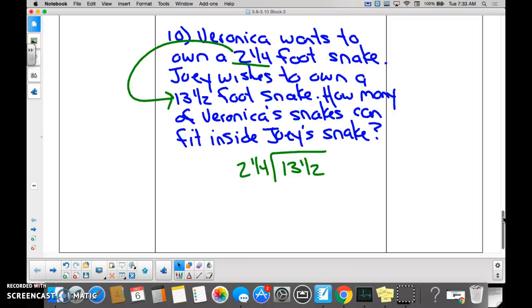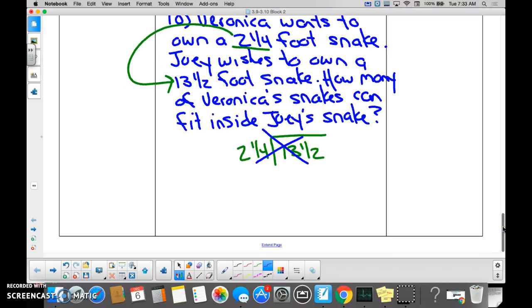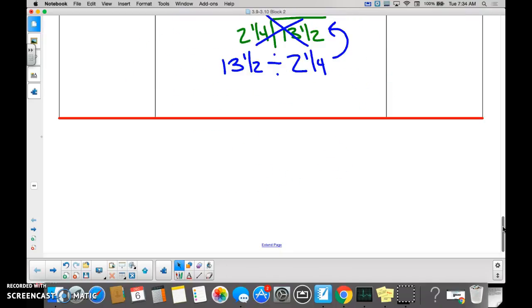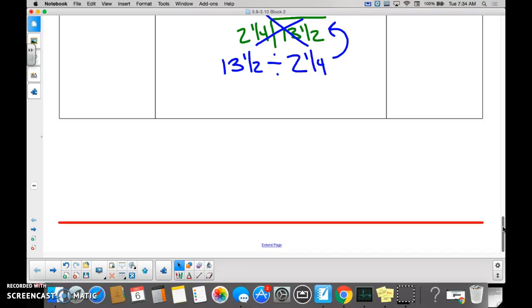However, we're not practicing solving fractions using this. So the number that goes inside the box, and we talk about this a lot, is always the first number when dividing fractions. So 13 1/2 divided by 2 1/4 really equals that. So how many times does 2 1/4 go into 13 1/2? Now we have ourselves a problem that we can work with using our format of solving fractions.